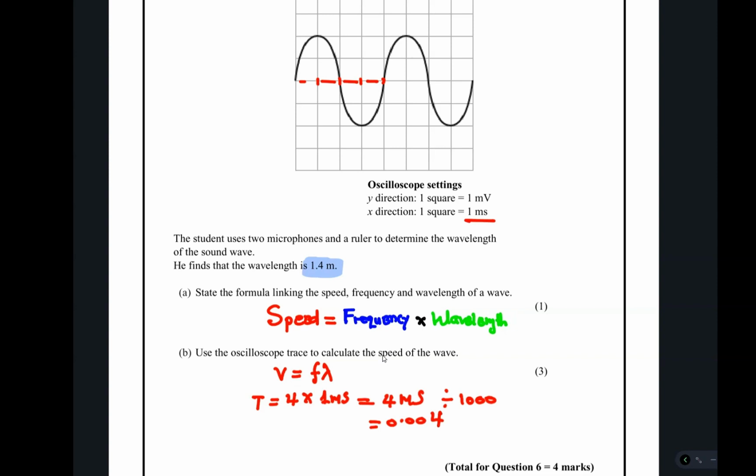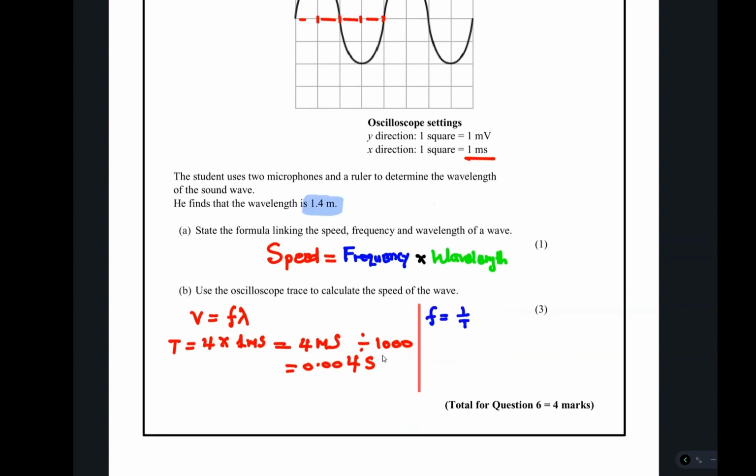That's the periodic time. But remember, our time is in milliseconds. So what are we going to do to get the time in seconds? We're going to divide by 1000. So our periodic time for one complete cycle is 0.004 seconds, and we know that frequency is 1 over period, which is going to be 250 hertz.